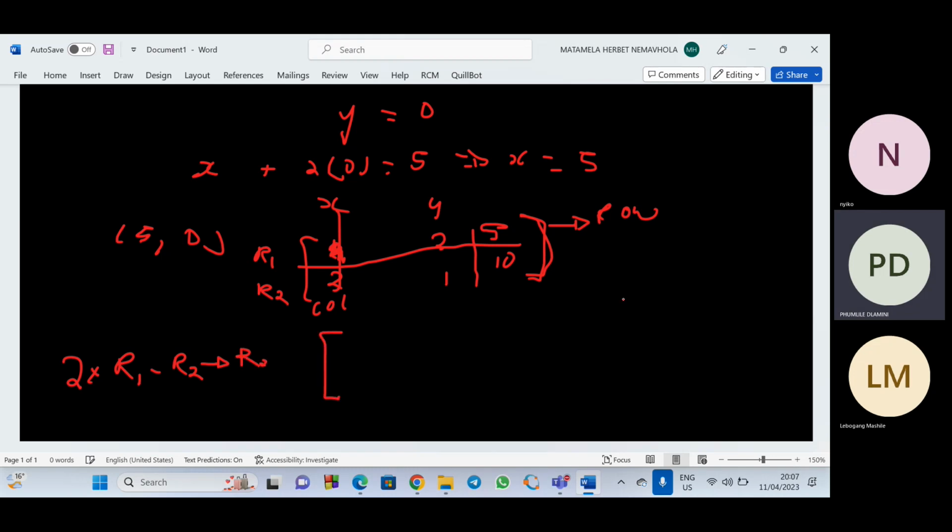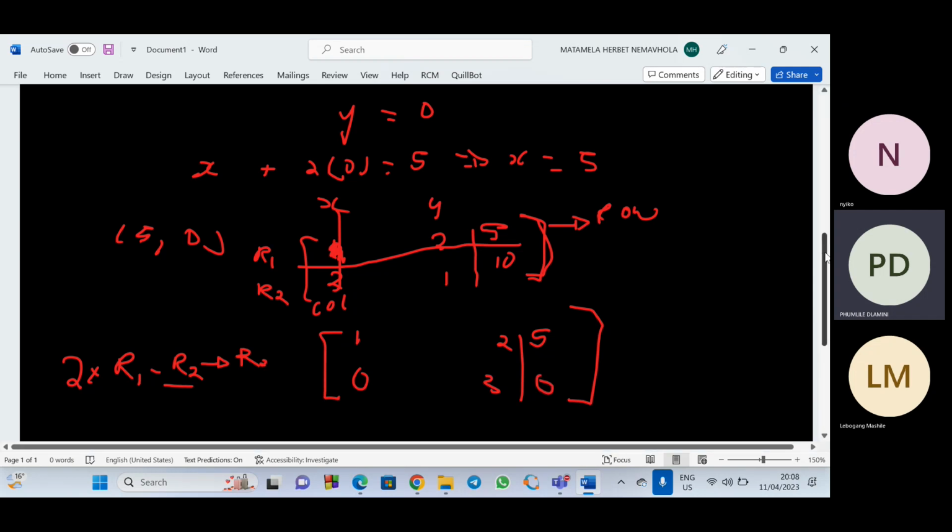When we do that, you write 1 and 2 and 5 for the first row. Then 2 times R1 minus R2: 2 times 1 is 2, minus 2 gives us 0. 2 times 2 is 4, minus 1 gives us 3. Then 2 times 5 is 10, minus 10 gives us 0.